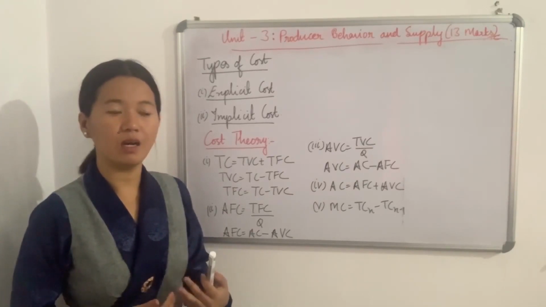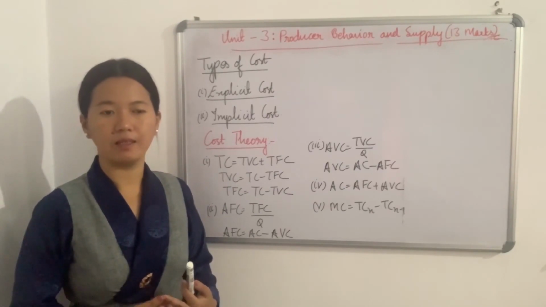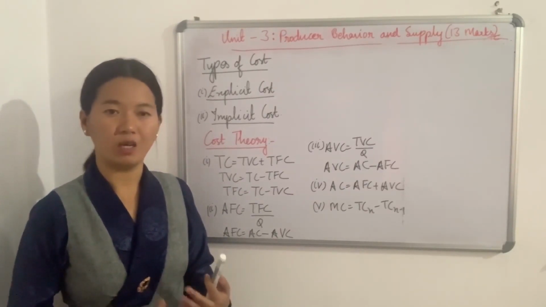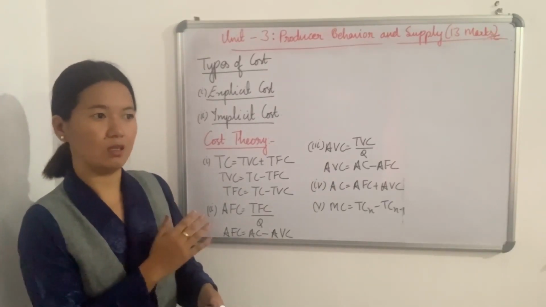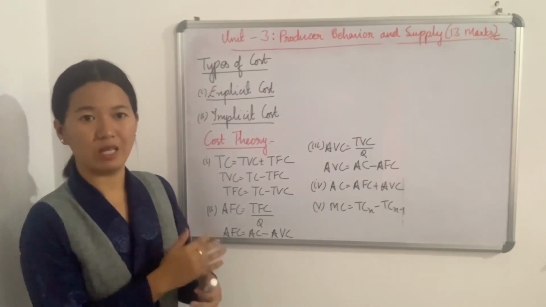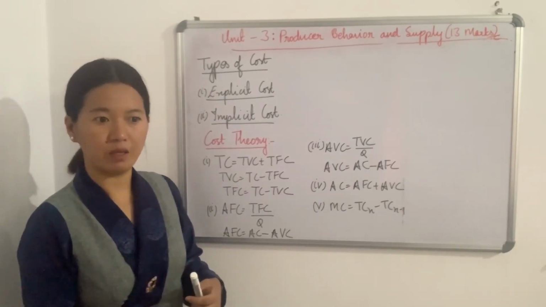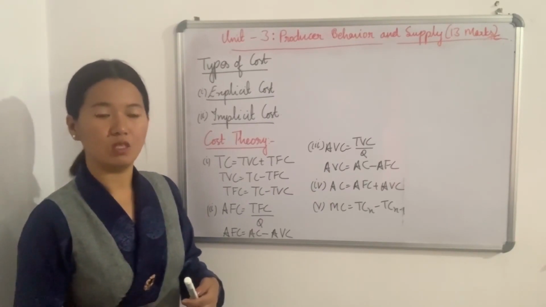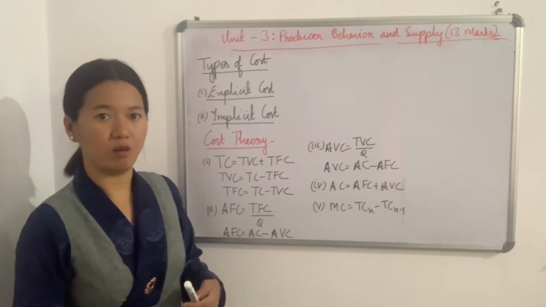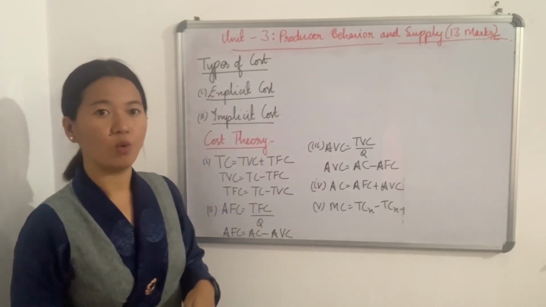So these are the self-owned inputs, the implicit costs, and also buildings which are self-owned. The explicit cost, from the name itself, refers to the external factors: the cost incurred on the inputs hired from the market, the labor hired from the market, or the buildings hired from the market where you have to pay rent every month. So these are the explicit costs. This question will come either for 3 marks or 1 mark.